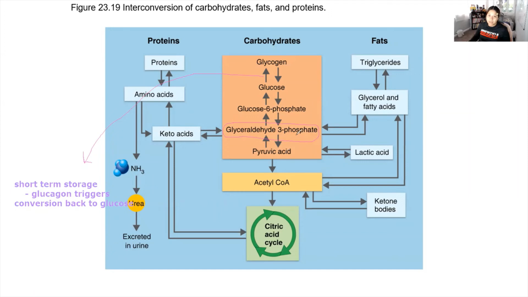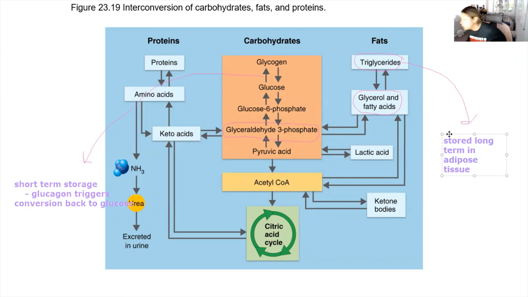But that intermediate form can actually be converted into components of fats like your glycerol and fatty acids, and then from there get made into a triglyceride, and those triglycerides will then be stored in adipose tissue. So stored long-term in adipose tissue.